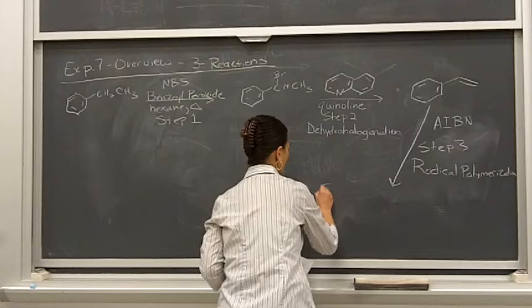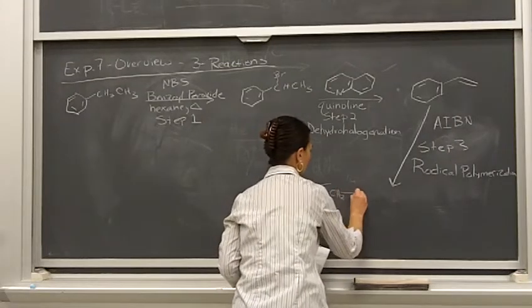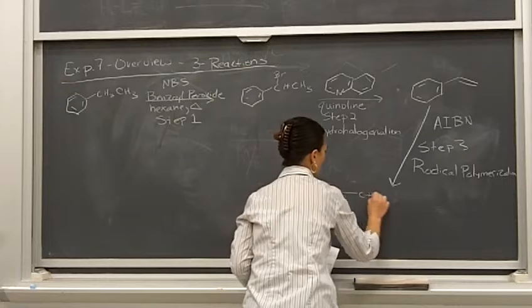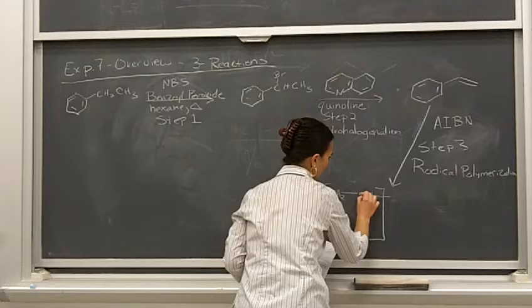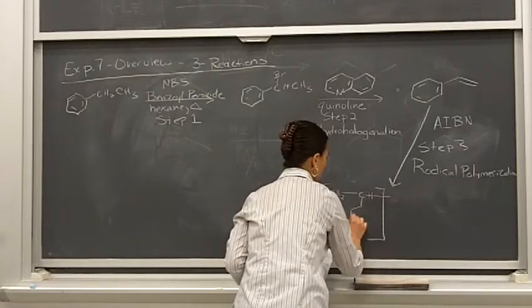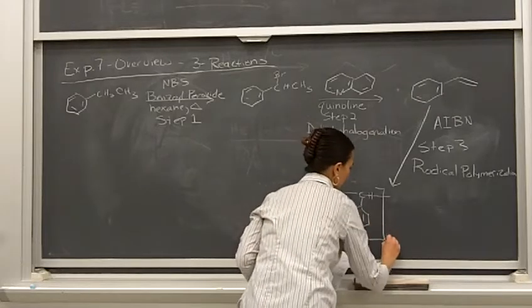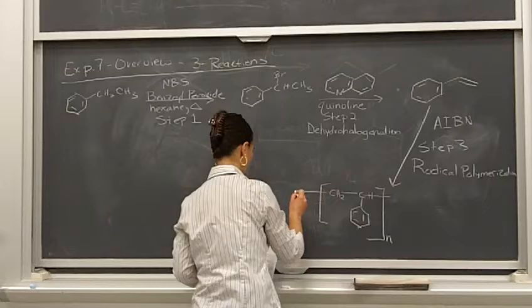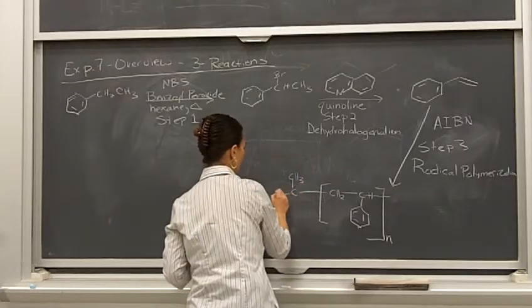So this is CH, but this bond to the carbon goes on to the other chains here. And we'll talk about this more next week. But here is our polystyrene.